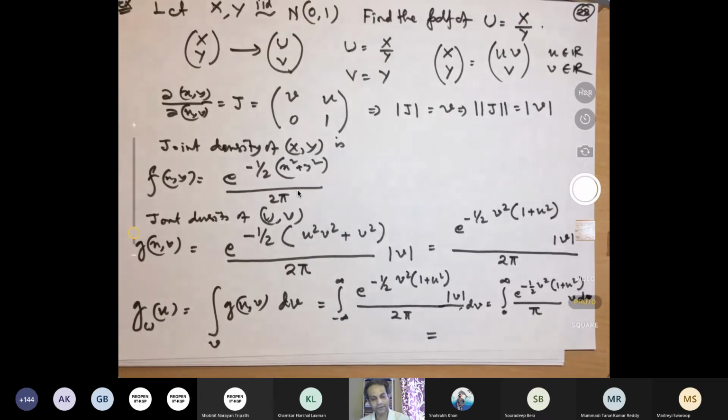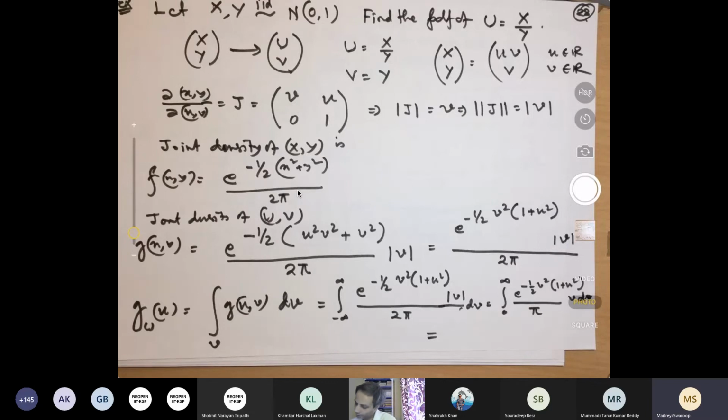Do this integration with respect to v and tell me the final answer. So you can take the transformation like half v square equals z, and v dv will be your dz.